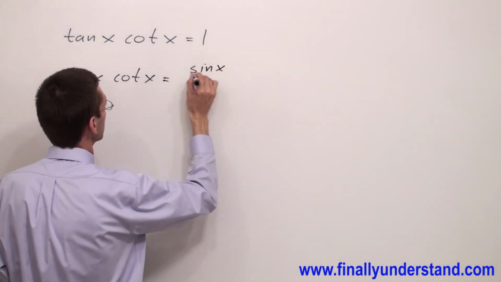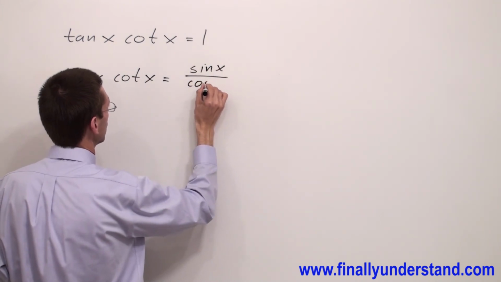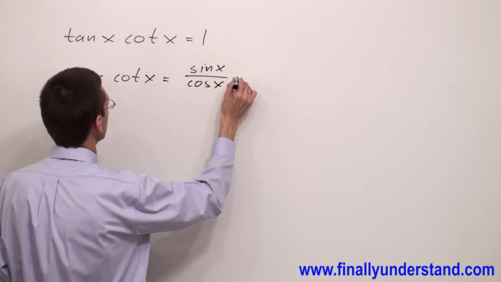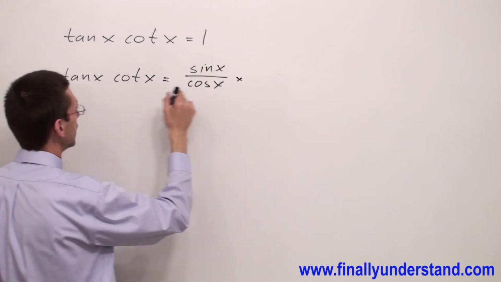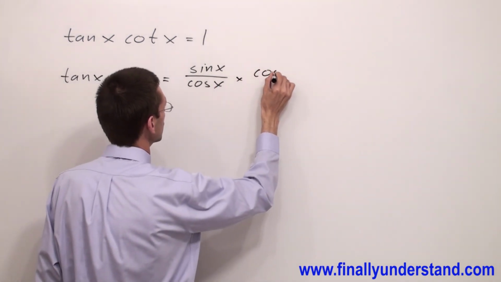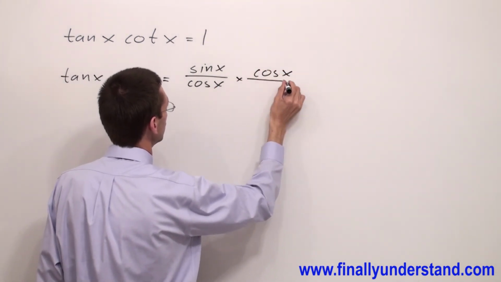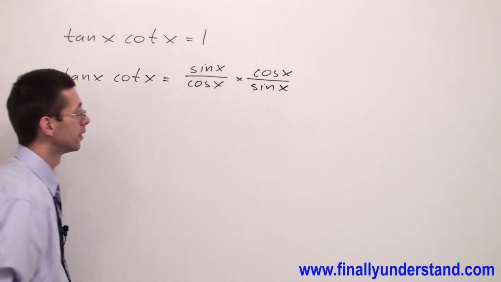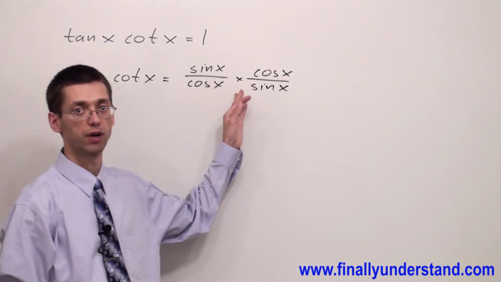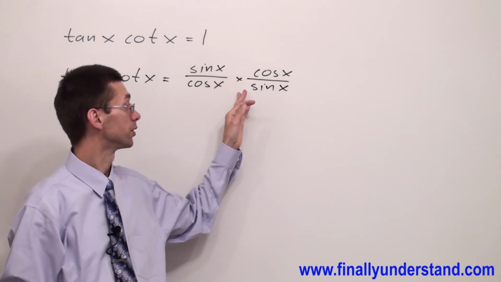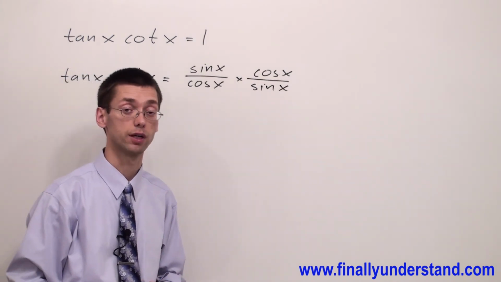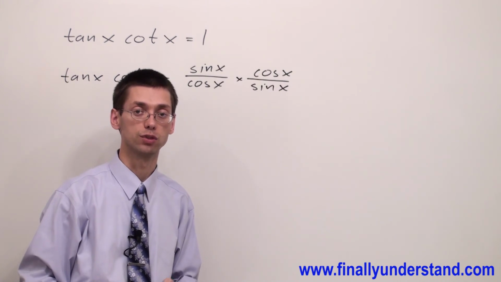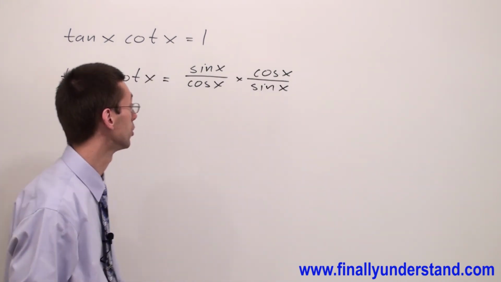In this case, I'm going to use quotient relations, and I'm going to rewrite this problem as sine of x over cosine of x times cotangent is cosine of x over sine of x. We have multiplication of two fractions. Anytime we perform the multiplication of fractions, we're supposed to check if we can reduce any numerator with any denominator.